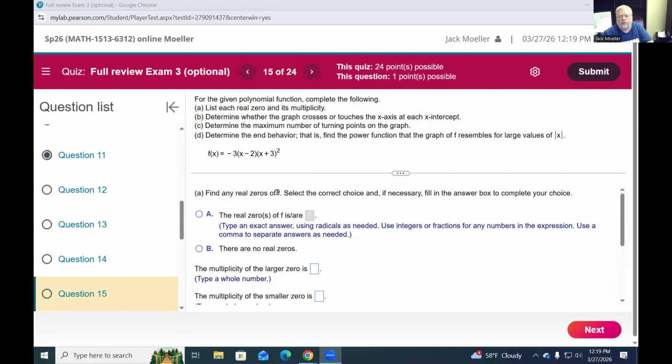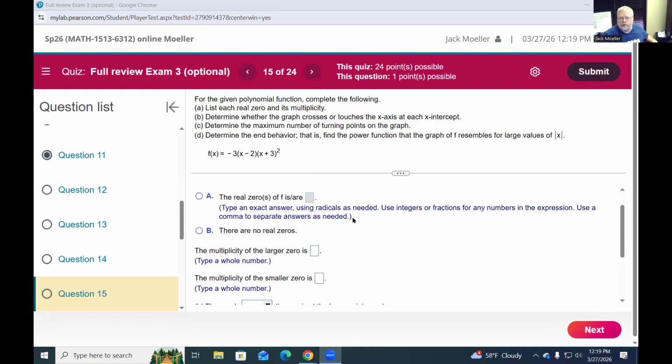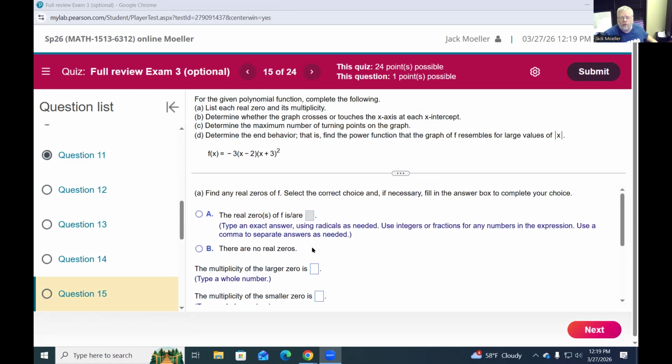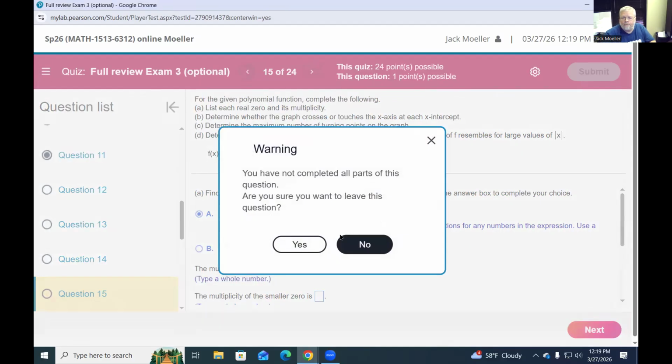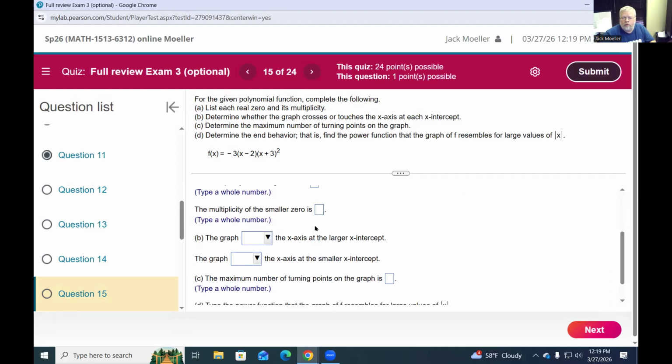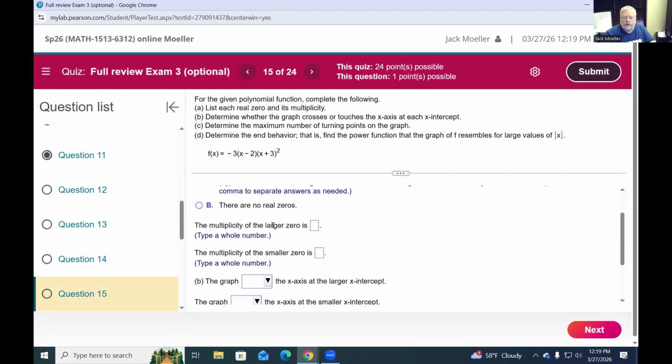All right, so the real zeros, and notice it didn't say anything about the order. Normally the order matters when we start talking about the multiplicities. But again, it doesn't hurt to get in the habit of going just from left to right. We have -3 and 2 as our zeros. Now the larger, this is where you have to be careful because they're not always consistent, because different people code these problems.